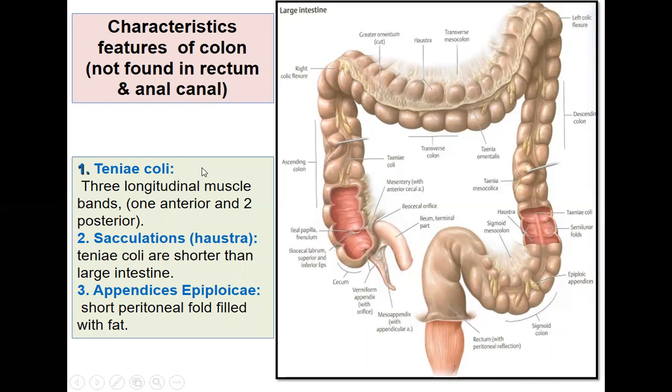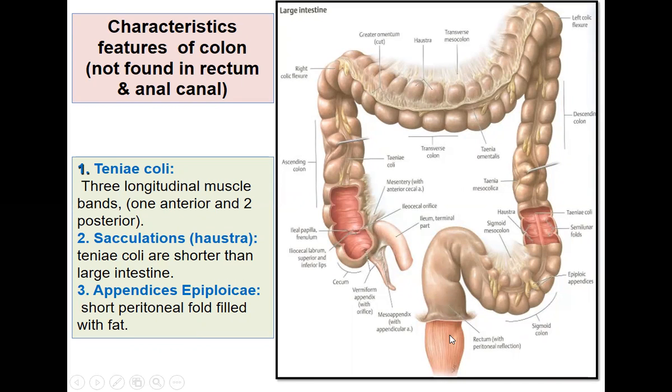So these are the three features. One is the taenia coli, this long band. The second is the haustrations or sacculations, bags. The third is the fat called the appendices epiploicae. These are the three typical features of the large intestine. These are seen in all parts of the large intestine except the rectum and the anal canal. Even though the rectum and anal canal are part of the large intestine, these features are not seen there.